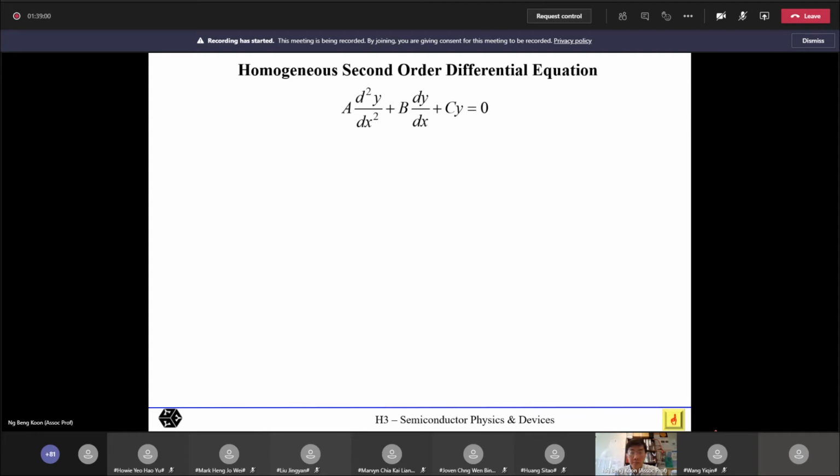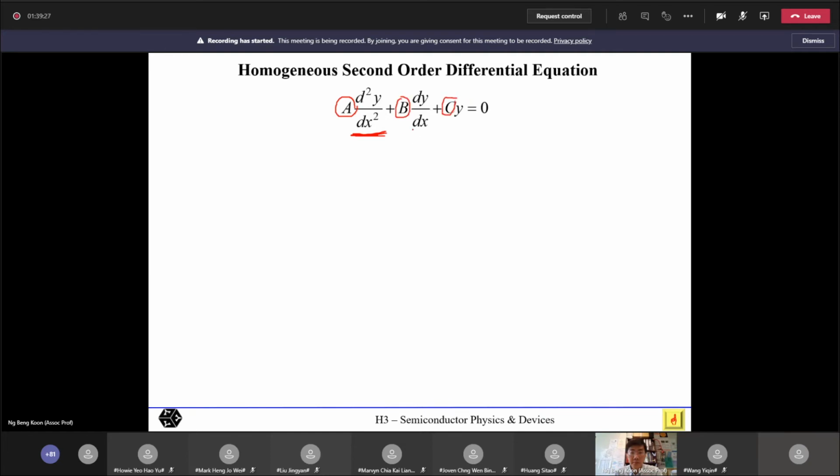So you talk about a second order differential equation. It will take this form that you see here. You have the second derivative term, written here as y and x, so you have a term that is the second derivative of y with respect to x squared. And a, b, and c are constant values.